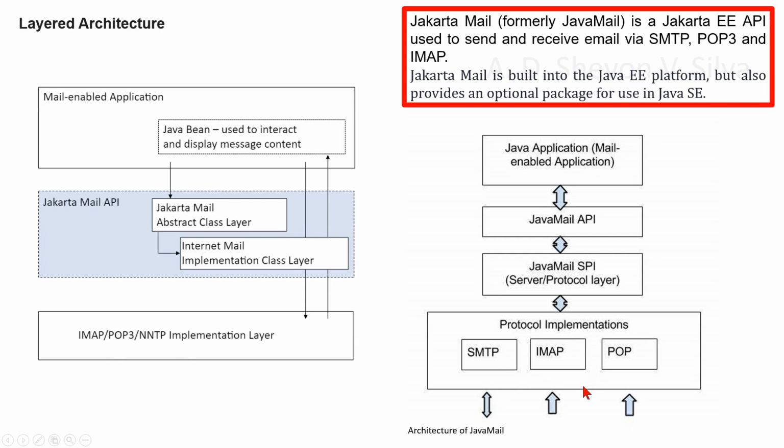IMAP, Internet Message Access Protocol. In computing, the Internet Message Access Protocol, IMAP, is an Internet standard protocol used by email clients to retrieve email messages from a mail server over a TCP/IP connection. IMAP is defined by RFC 9051.